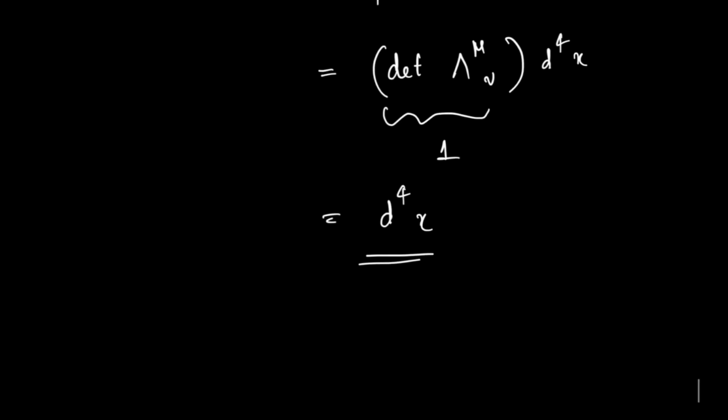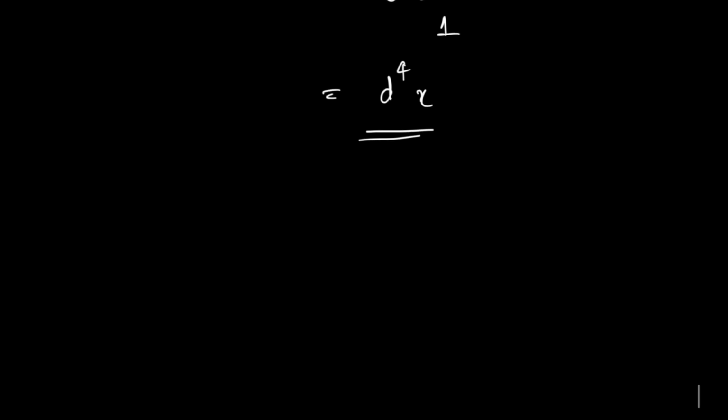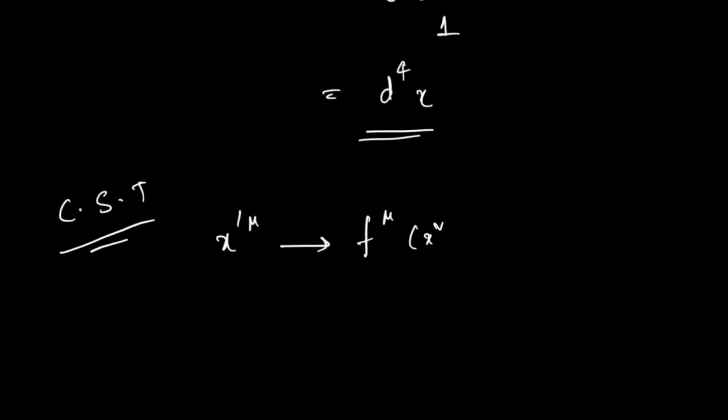Now in a curved manifold under a general coordinate transformation, so in a curved space time, we are going to look at the curved space time. In a curved space time, x'^μ is transformed to x^ν.